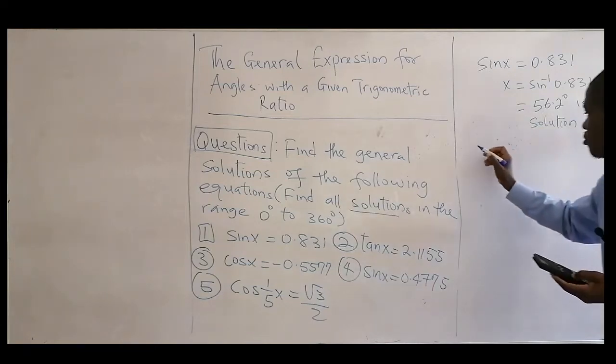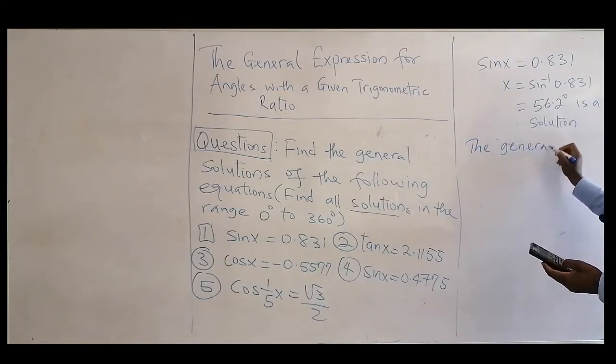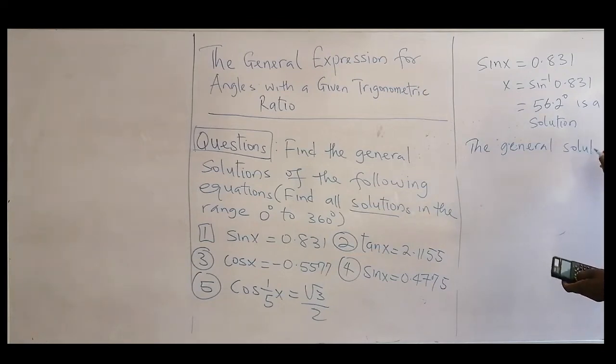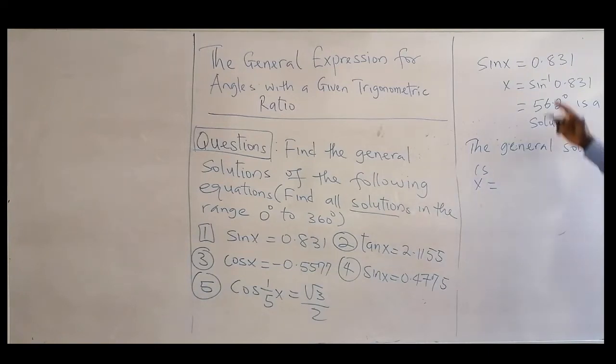So the general solution is x equal to, this is a sine function, n 180 degrees plus minus 1 power n, then your theta is 56.2.